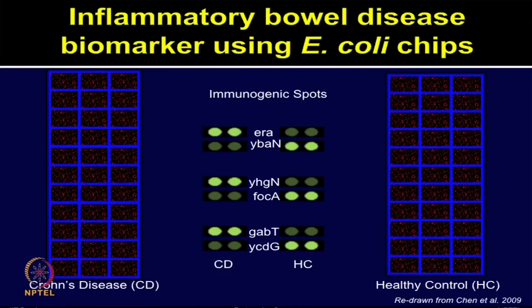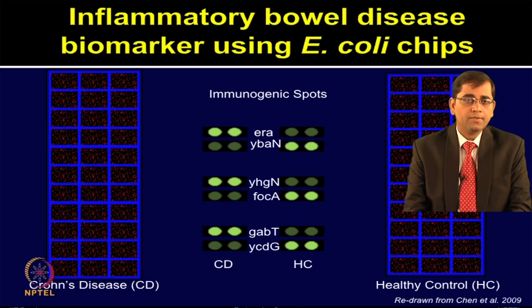After looking at the overview of the experiment, let us now discuss some of the findings. These E. coli proteome chips were probed with sera from CD patients, which is Crohn's disease, shown on the left side, and healthy control is shown on the right panel in this slide. The Cy3 labeled anti-human immunoglobulin antibodies were probed on the chips, which allowed the visualization of immunoreactive protein spots.